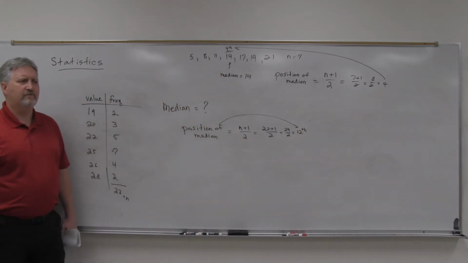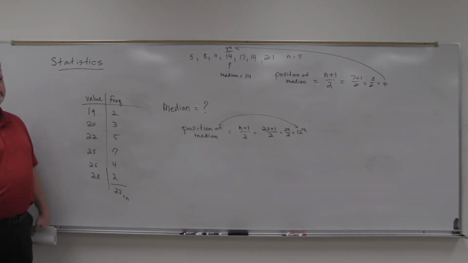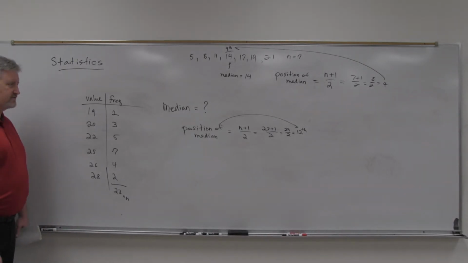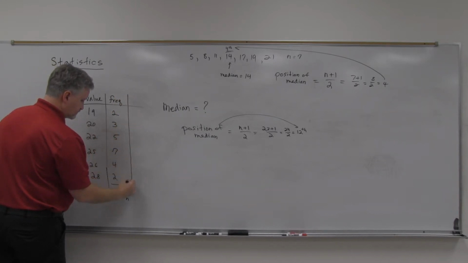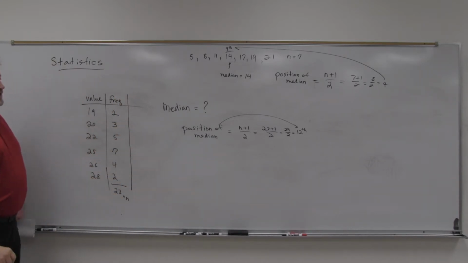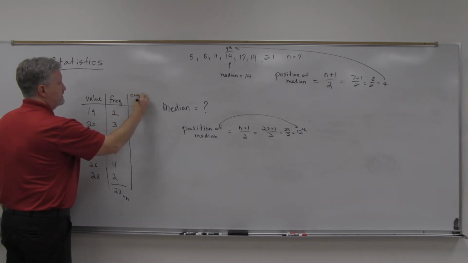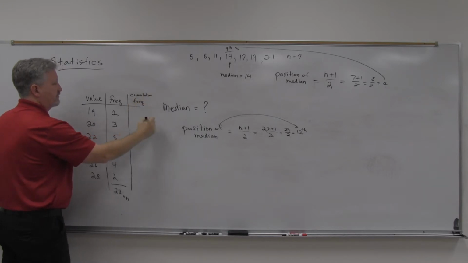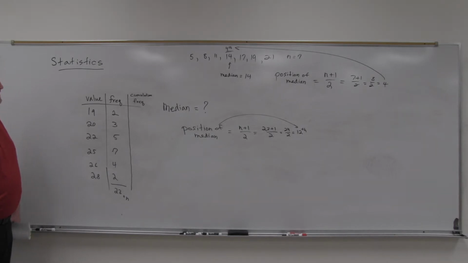So if I can figure out which one's in the 12th position, I can do that, which, you know, I could just list them out and figure out the 12th one, that's fine. But let me show you another thing here. If we do what's called the cumulative frequency, that can help us also figure out which one is this 12th one.